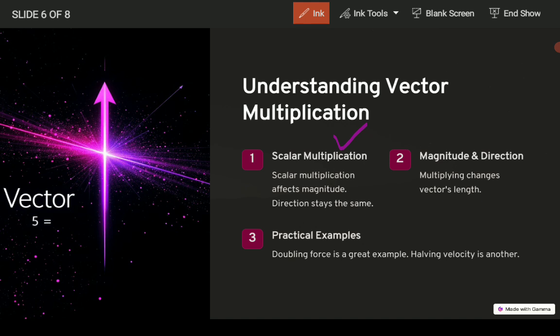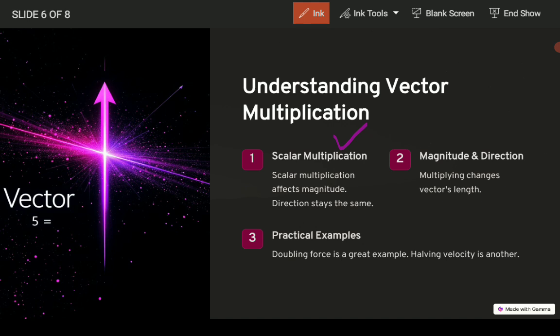So when you multiply a vector by a scalar quantity, the multiplication will simply change the vector's magnitude or length. For example, doubling a force is a great example. Halving velocity is another, like reducing the vector by half. It's also another example of scalar multiplication.